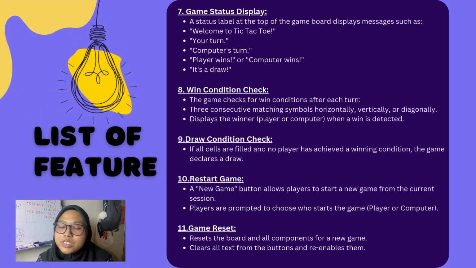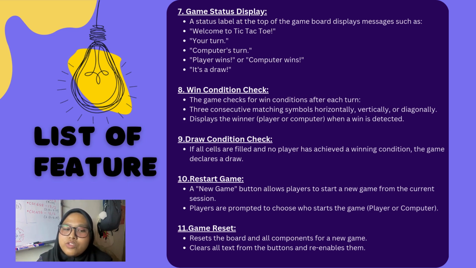Our next feature is the game status display, which will be placed on the top of the game board. It will display welcome to tic-tac-toe, your turn or computer's turn, player or computer wins, and draw. The second one is the win condition check, where it will check on each turn for three consecutive matching symbols horizontally, diagonally, or vertically.